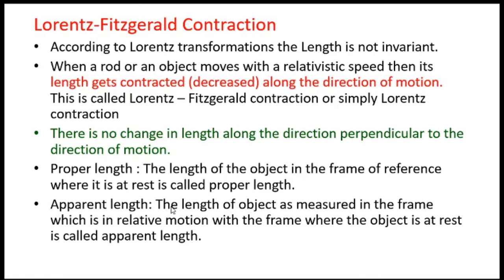So if one frame is at rest and another frame is moving, then whichever frame the rod is at rest in will give you the proper length, and the other frame will give the apparent length, the length measured in the other frame where the rod is not present.